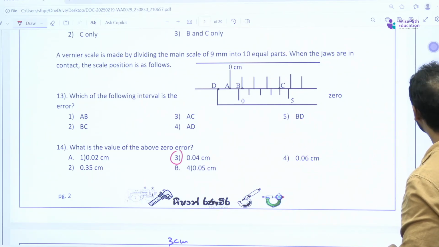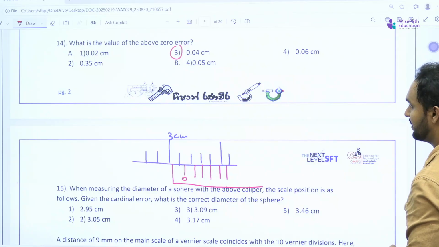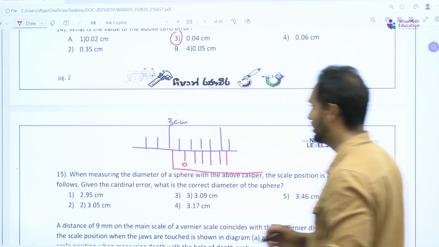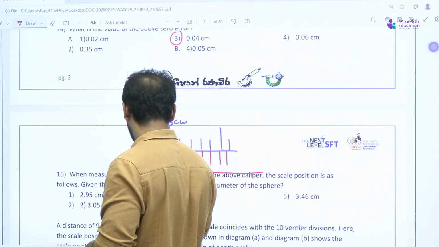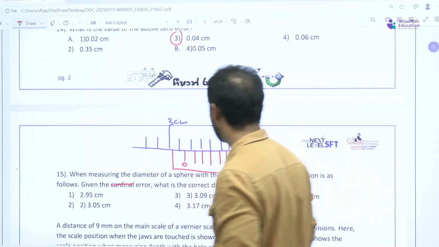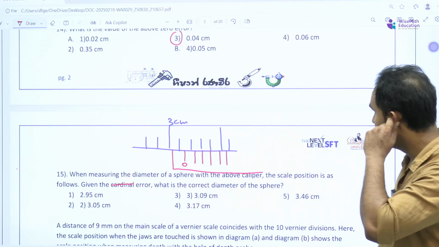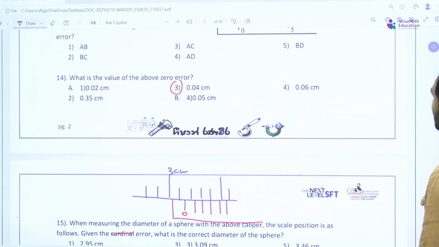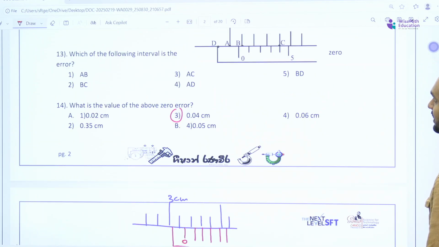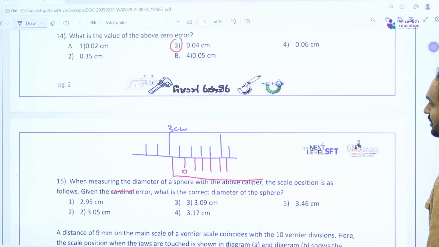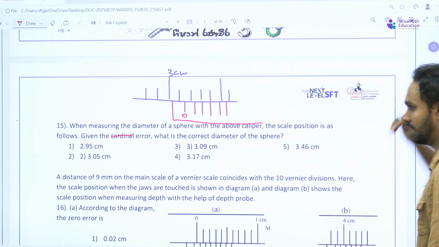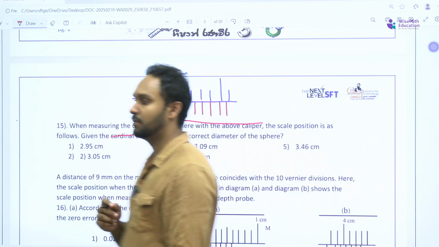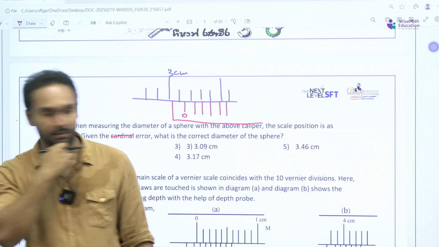Now in the 15th question, they have measured something with an instrument which has the error. Now this is a positive zero error, right? Yeah. So the 0.04 for positive zero error is there. Good, Asit, thank you.